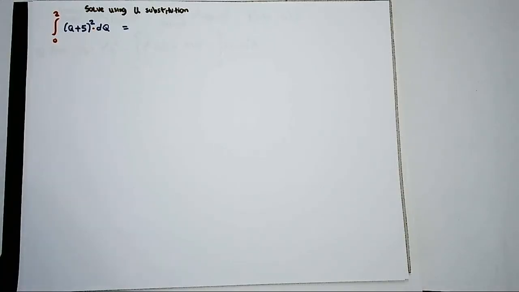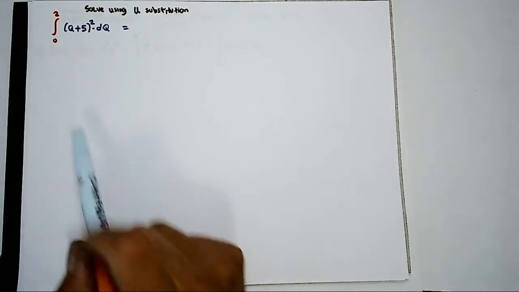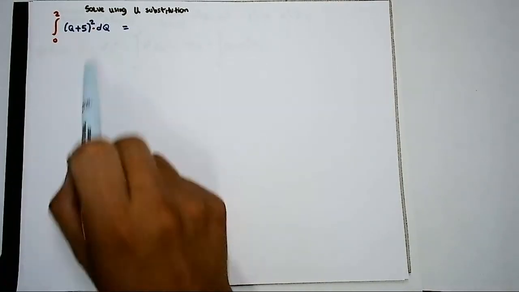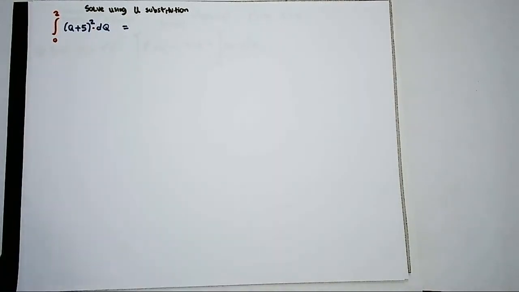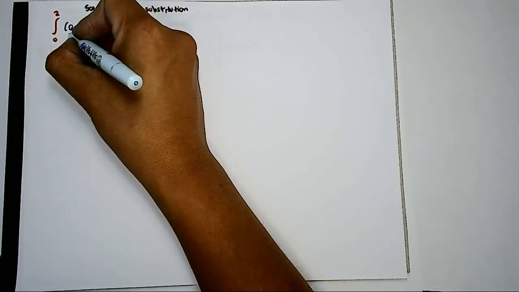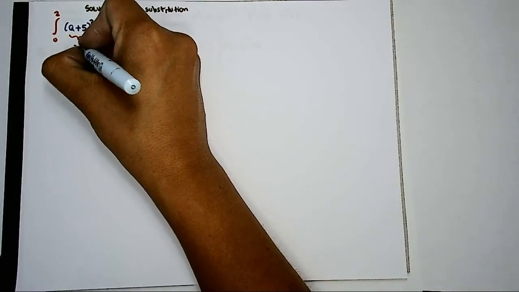In order to use integration by substitution, also called U substitution, we need to identify which factor will be our U. In this case, we have two factors: (Q + 5)² times dQ. The most complex function is (Q + 5)². Therefore, our U will be Q + 5.